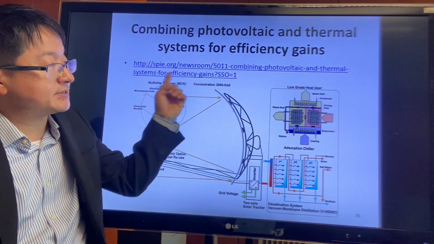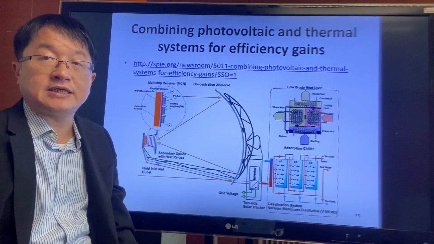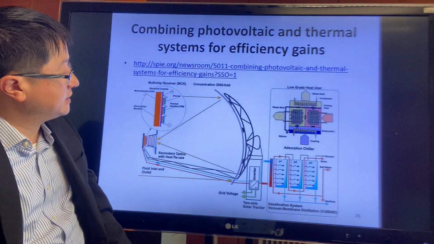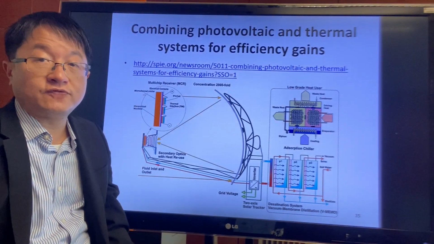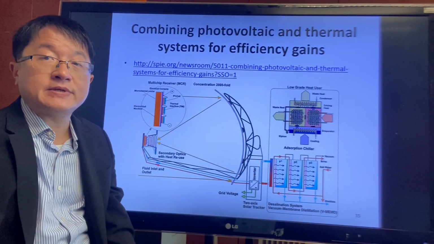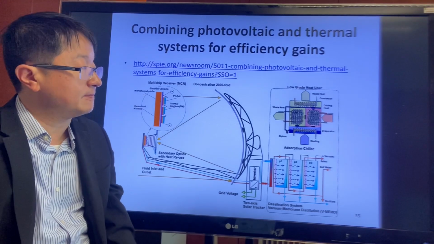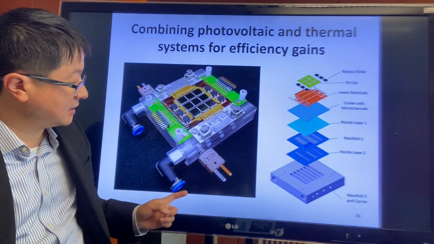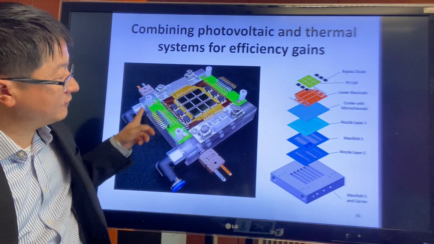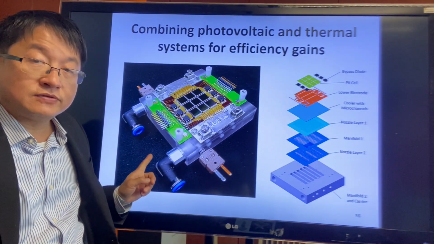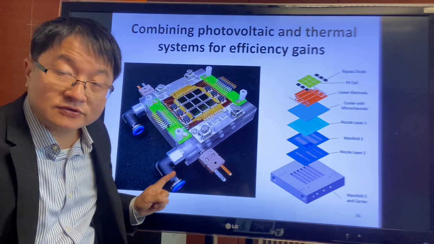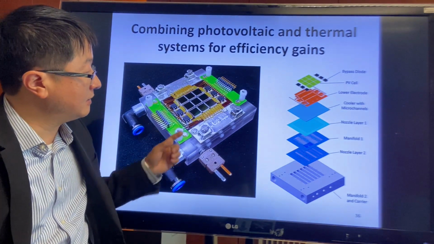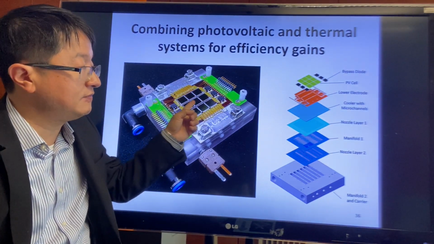You can go to this website to see real installations. And in these installations, both photothermal system and photovoltaic system will be installed together. So there are water pipes running through this cell. This is for the solar thermal system, and also you can see the PV cell.